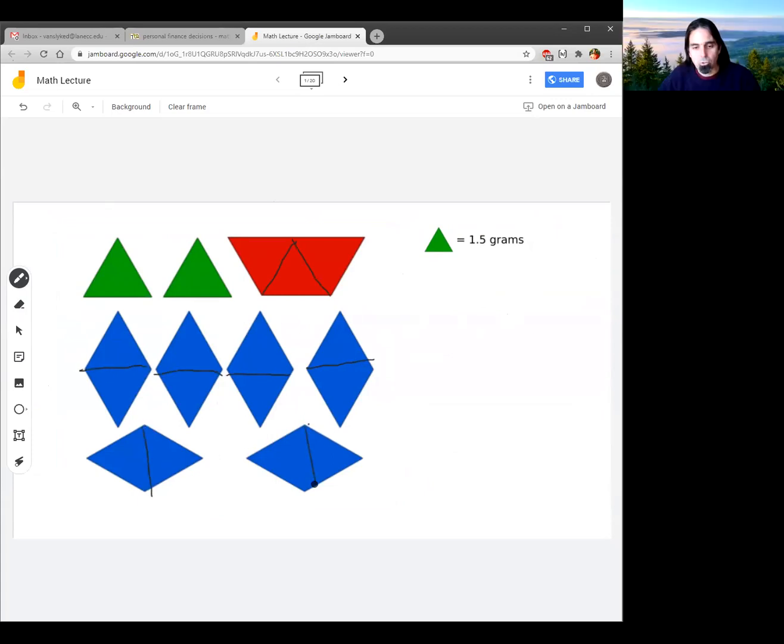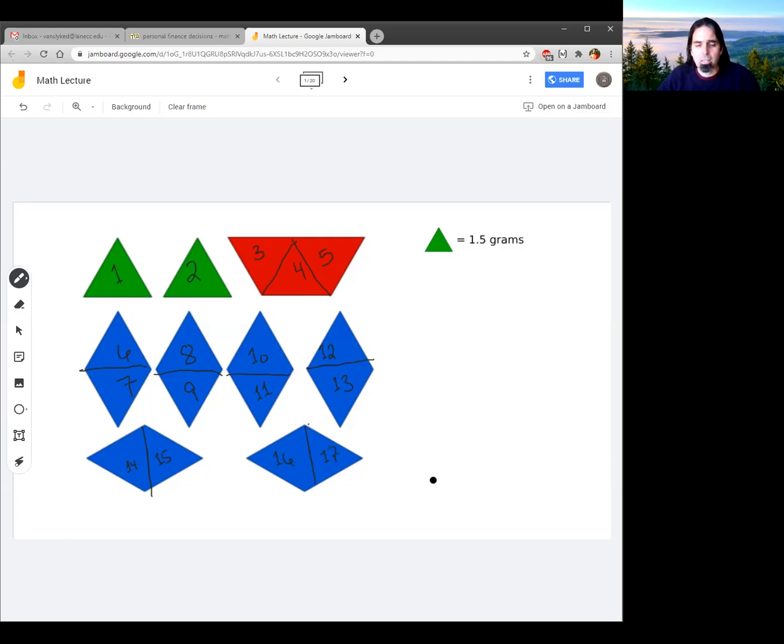Pardon my lousy artwork. And then I'm going to count how many green triangles there are. 1, 2, 3, 4, 5, 6, 7, 8, 9, 10, 11, 12, 13, 14, 15, 16, 17.